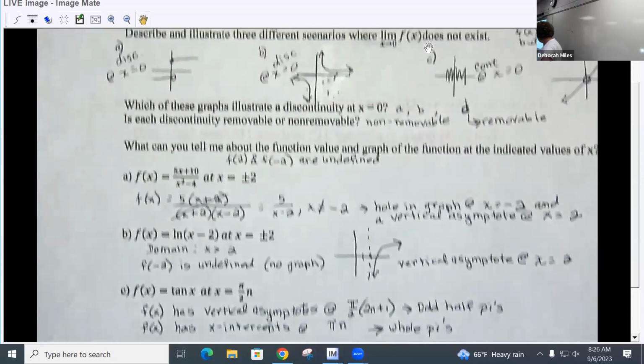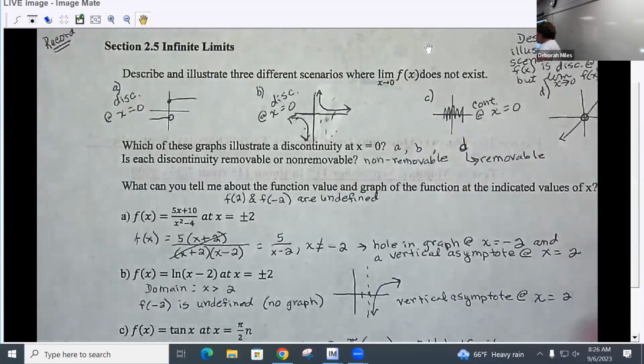Now, is there still a situation where a limit doesn't exist, but you could not write infinity or negative infinity? Yeah, this one, the limit fails to exist, but it's not because there's a vertical asymptote. It's not because your y's are going to infinity or negative infinity.